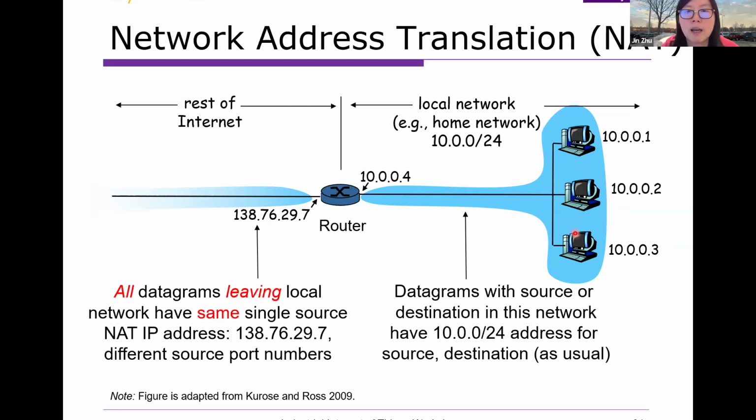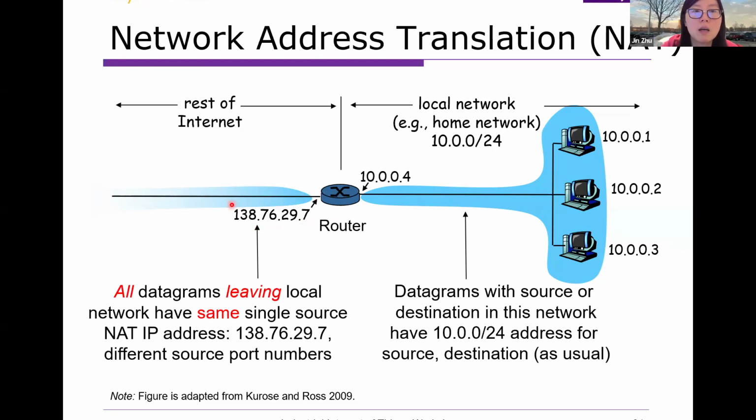You are never going to observe any private IP address on the internet, because private IP addresses cannot be reached by external addresses. So all the packets, all the messages leaving this router are going to use a single source NAT IP address, the IP address given by the ISP to this router.